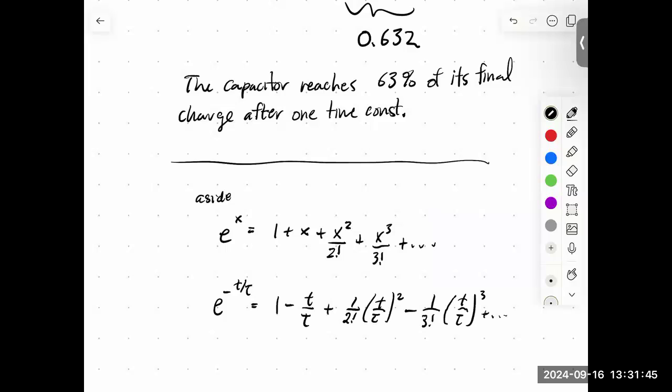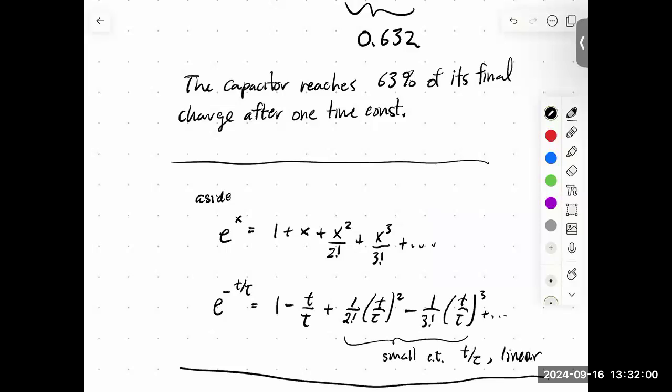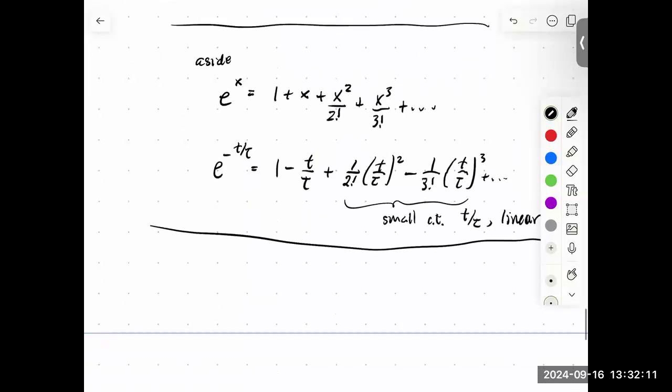And so if these are small compared to t over tau, then we get that linear behavior. And so the answer to your question is, how much of a deviation from linearity are you willing to accept? So, all right, good.